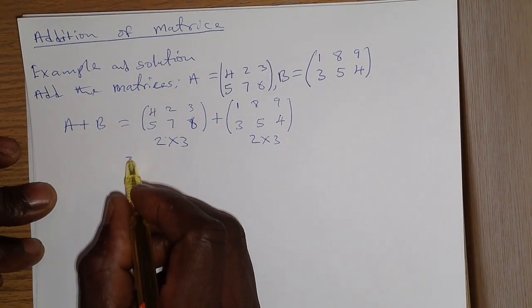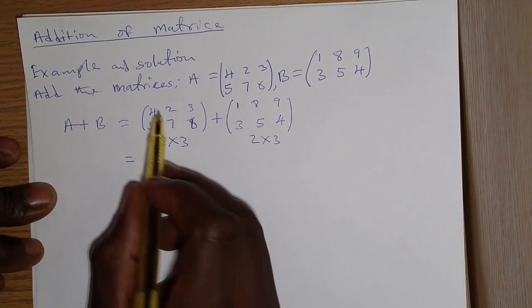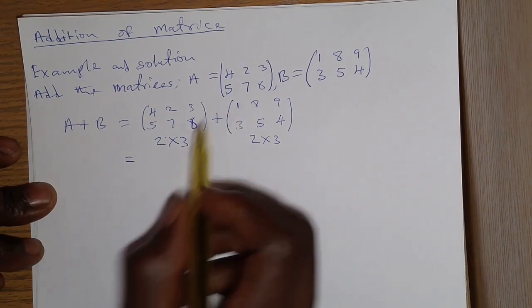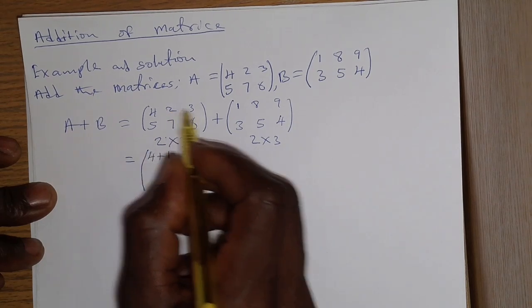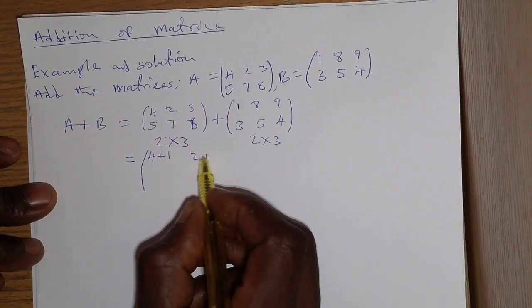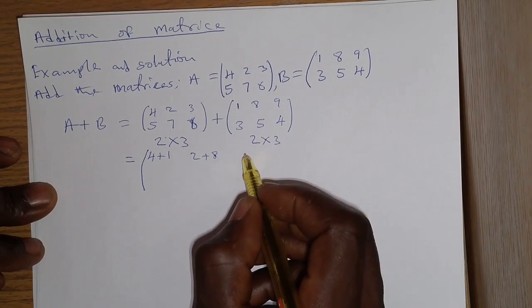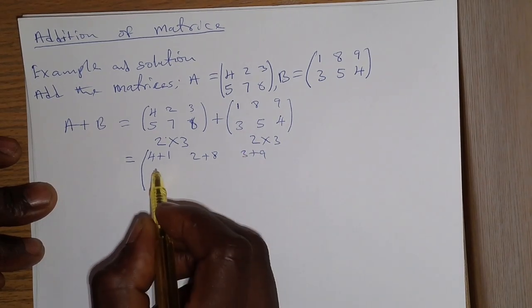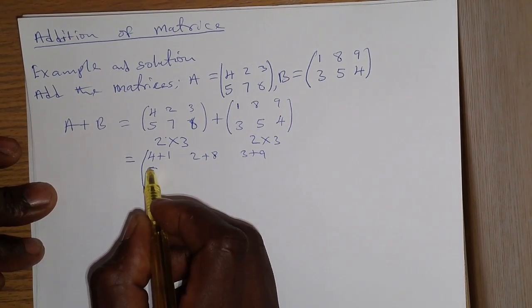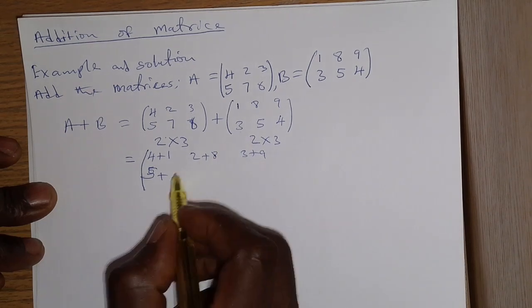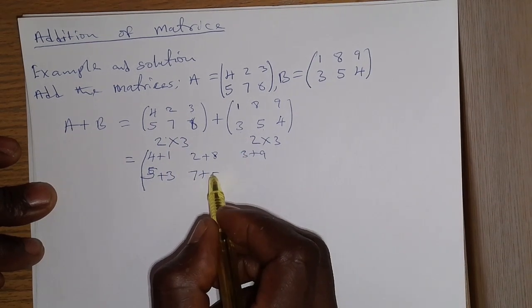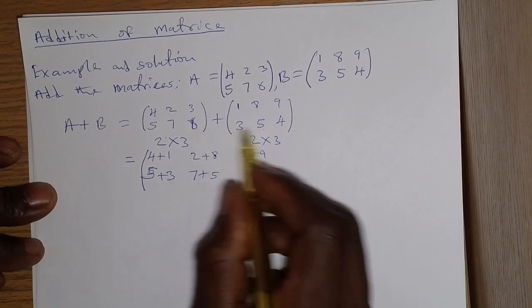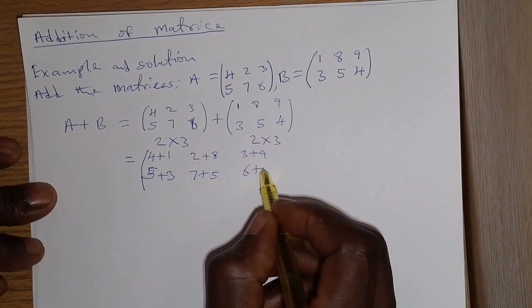So this will be the same thing as we take this matrix 1, we'll add this. That is, we'll have 4 plus 1, then we take 2 and 8, 2 plus 8, we have 3 and 9, 3 plus 9, we have 5, 5 plus 3, then we have 7 plus 5, then we have finally 6 plus 4.